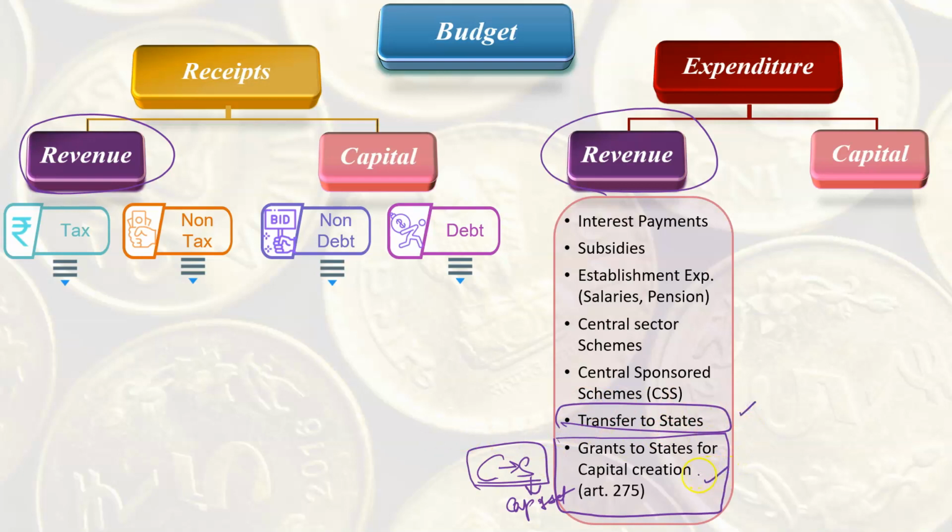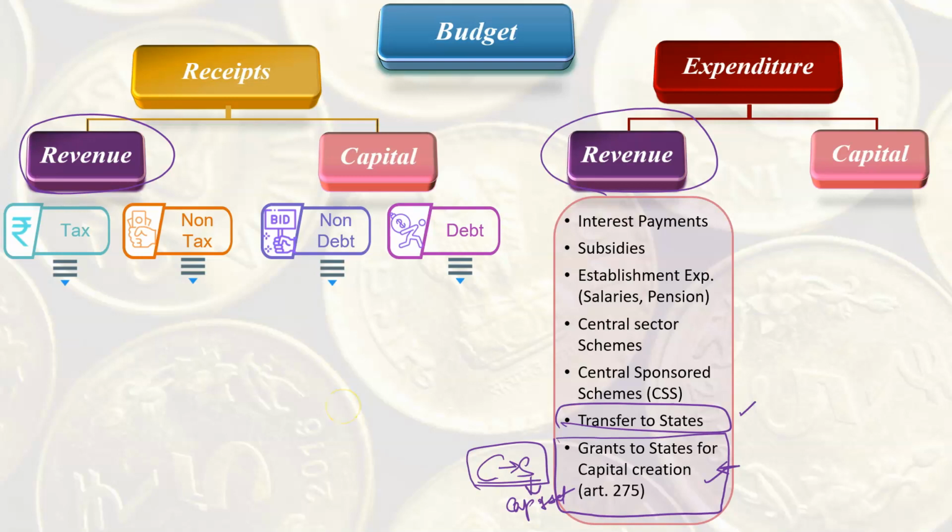So ideally this item should not be included in revenue deficit, because for a nation as a whole, and in fact for that particular state, the money is going into capital asset creation. No doubt it is coming from the center and no doubt it is coming on a recurring basis, but ideally it is creating a capital asset.